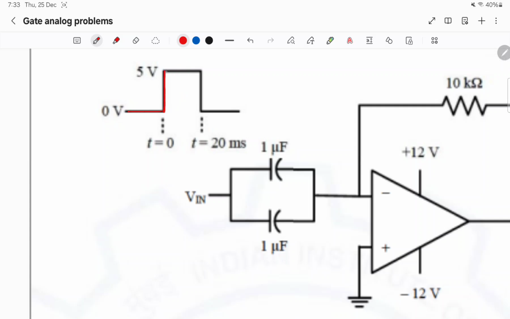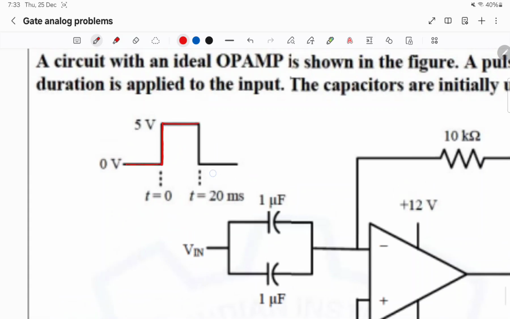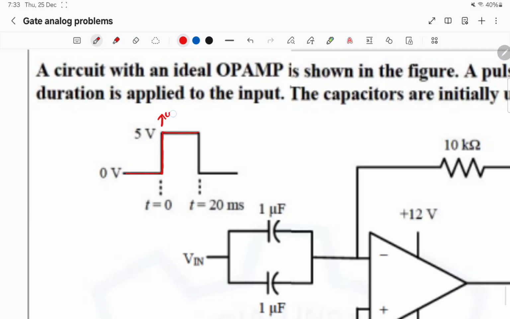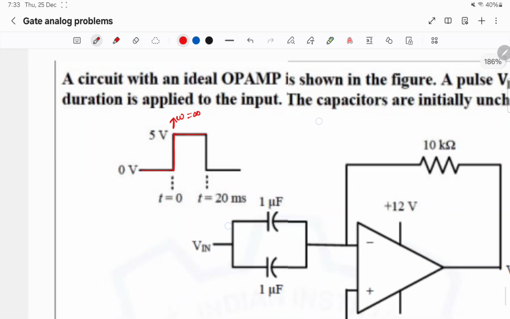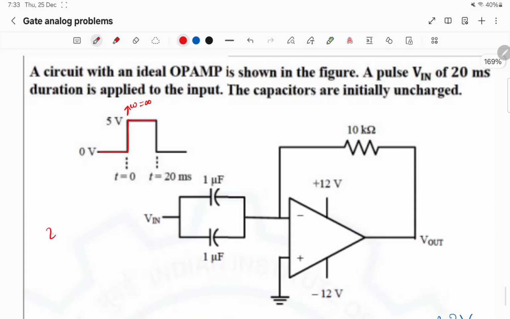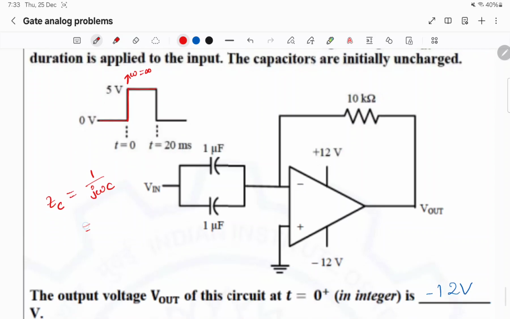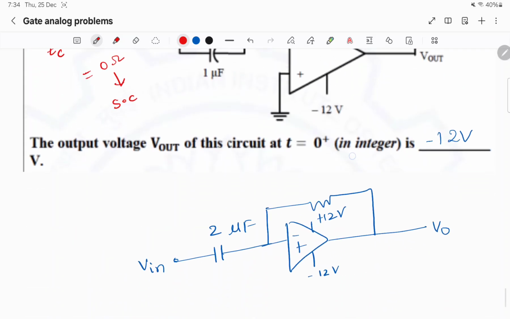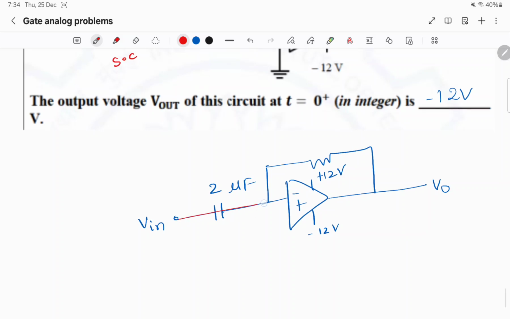At t equals 0, omega here is infinity, so ZC is 1 by j omega C. So the equivalent impedance is 0 ohms. So effectively this is a short circuit. This will become a short circuit.